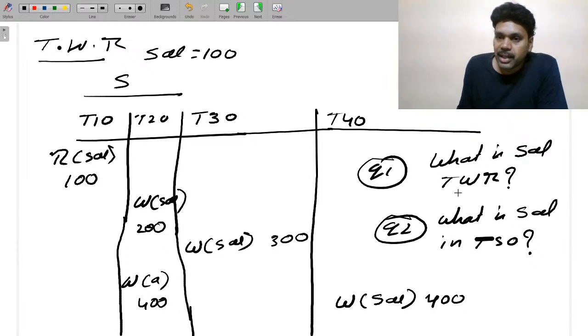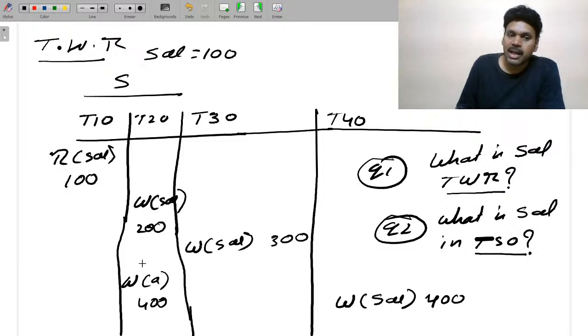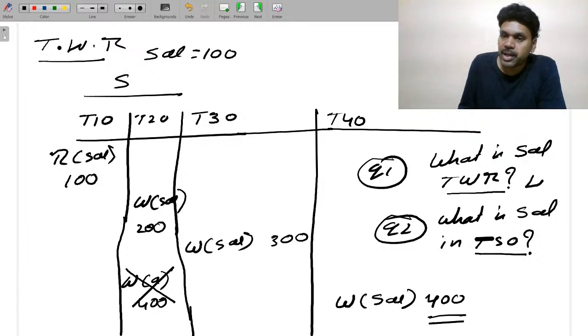What is the salary in Thomas Write Rule? What is the salary in timestamp ordering? All of you, in Thomas Write Rule, what is the salary? This can be ignored, right? So therefore, it's a final value 400.